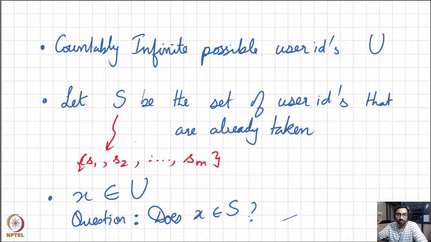Even though some user IDs aren't actually taken, the system may say that the user ID is taken. But one important aspect is that the system will never allow you to use a user ID that has already been used. In other words, it does not allow a false negative. It only allows a false positive. So that's something to keep in mind, and it might show up as we continue in this discussion.